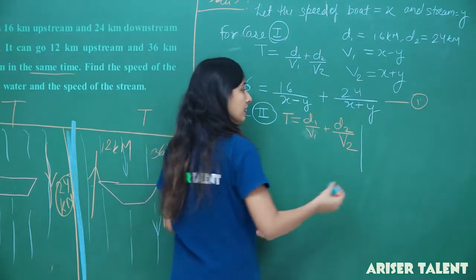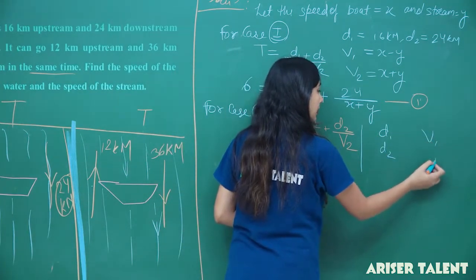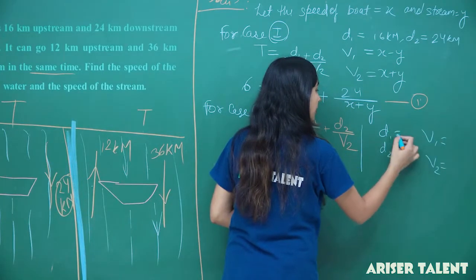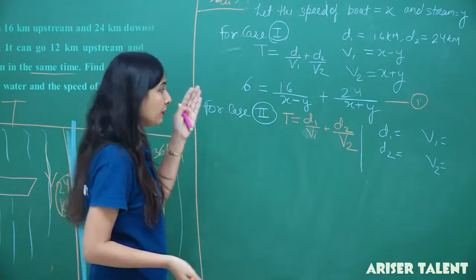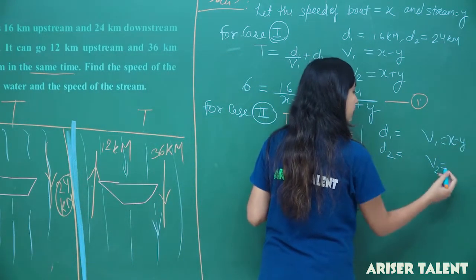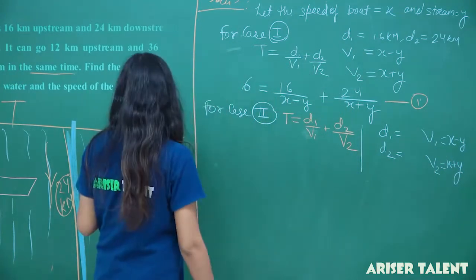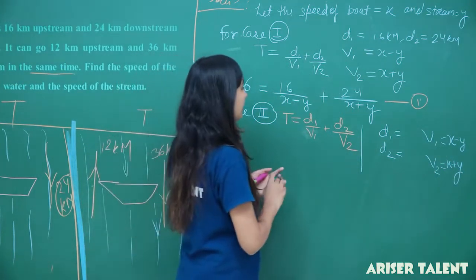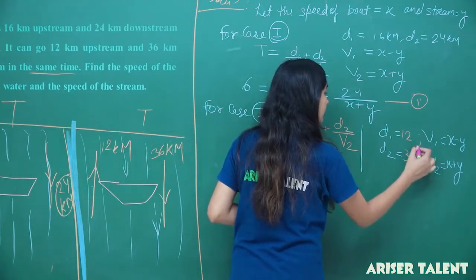Now in this case, we are having d1, d2, v1, v2. Again, for upstream the value will be x minus y and for downstream x plus y, the velocities will be same. Now the distance is changing, 12 kilometers and 36 kilometers.